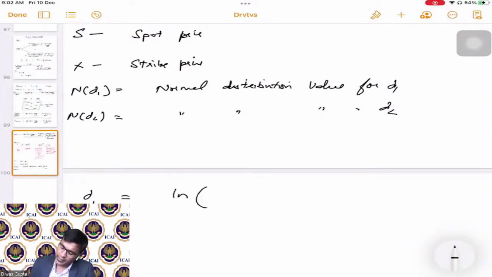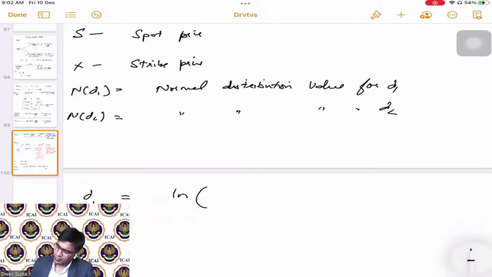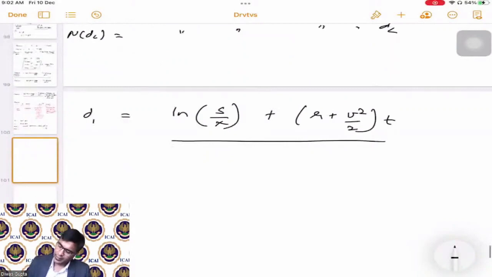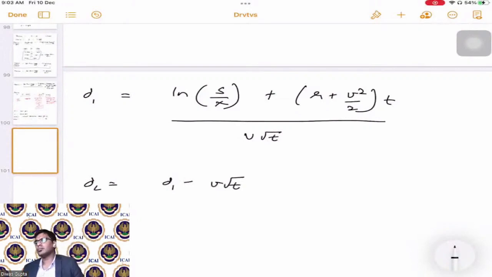Natural log of S divided by X plus R plus standard deviation square divided by 2, multiplying it by T, divided by volatility under root T. Similarly, d2 is equal to d1 minus volatility under root T. Okay. So d2 is equal to d1 minus V root T.